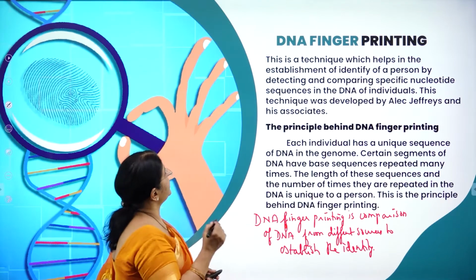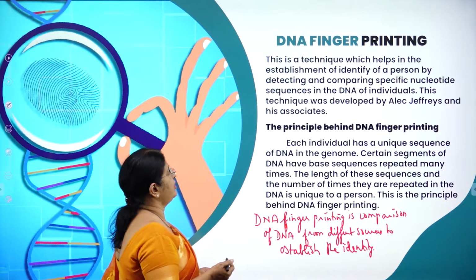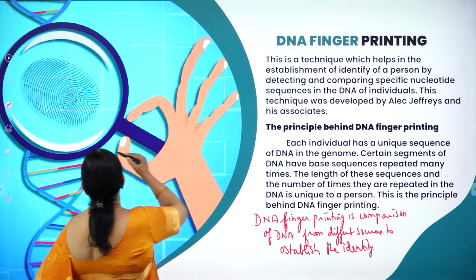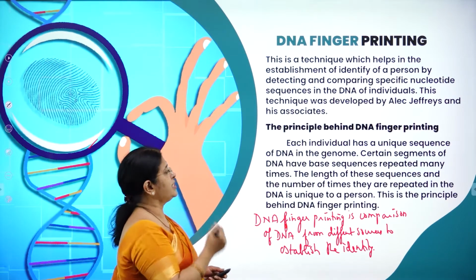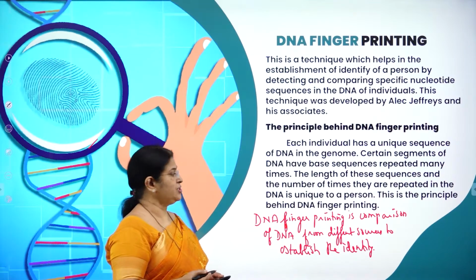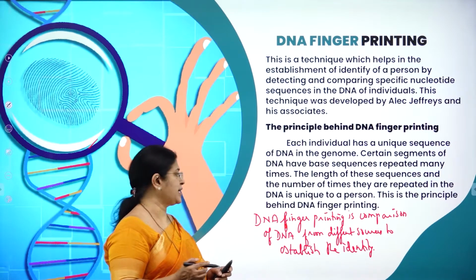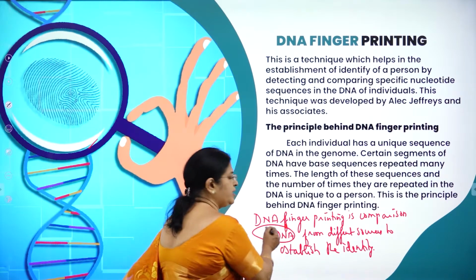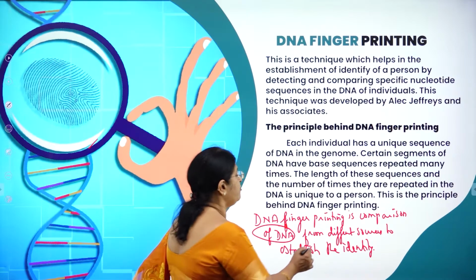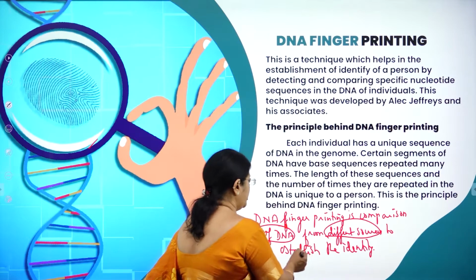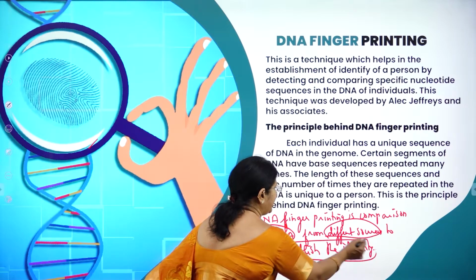Moving on to the next very important concept called DNA fingerprinting. Here you can see the picture itself will tell you what DNA fingerprinting is. DNA fingerprinting is a comparison of DNA from different sources to establish identity.